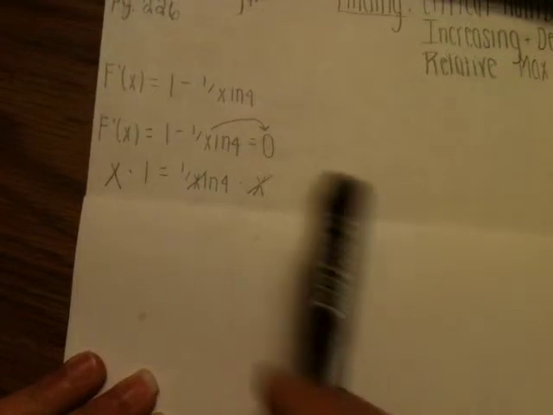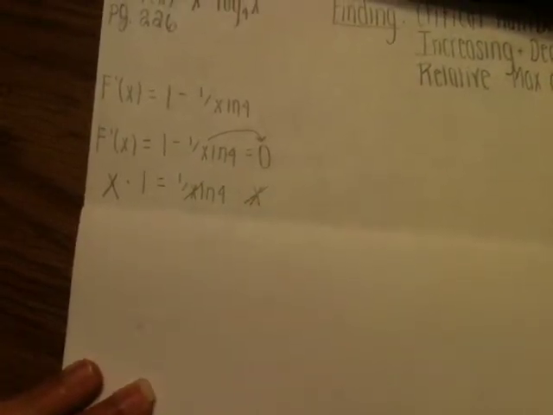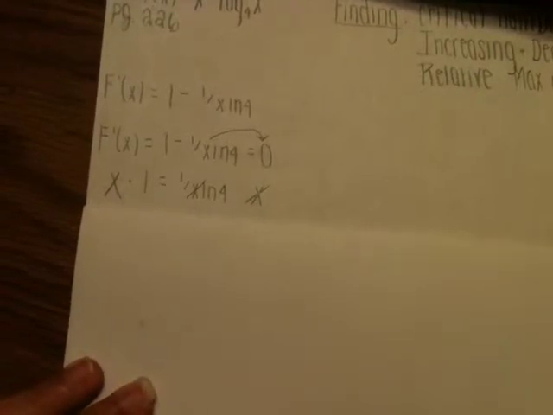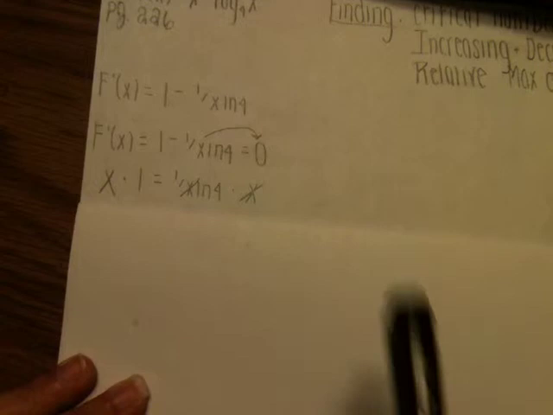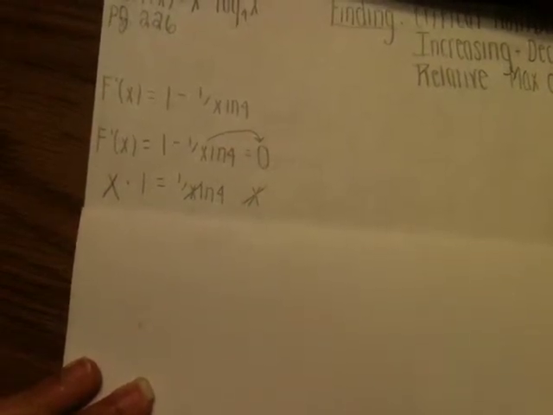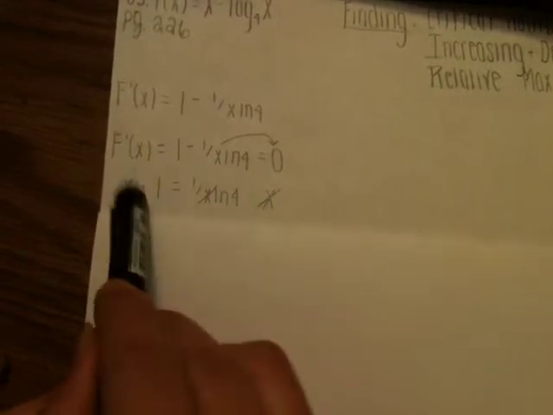Once you set it equal to 0, you want to isolate the term that has the variable in it. So, bring over 1 divided by x times the natural log of 4 to the right side of the equal sign, making it positive. To get x by itself, you have to multiply x to both sides.